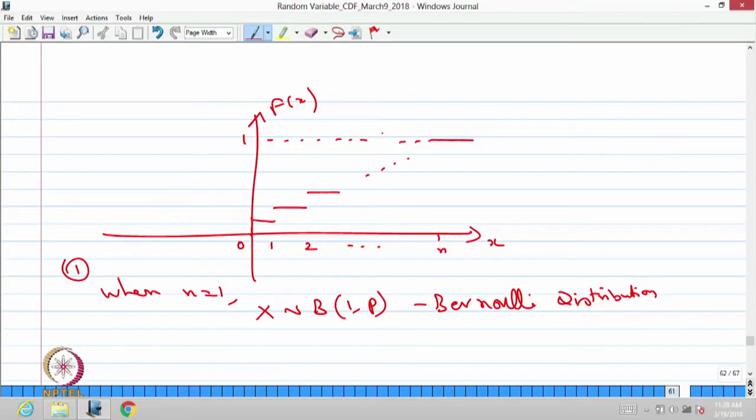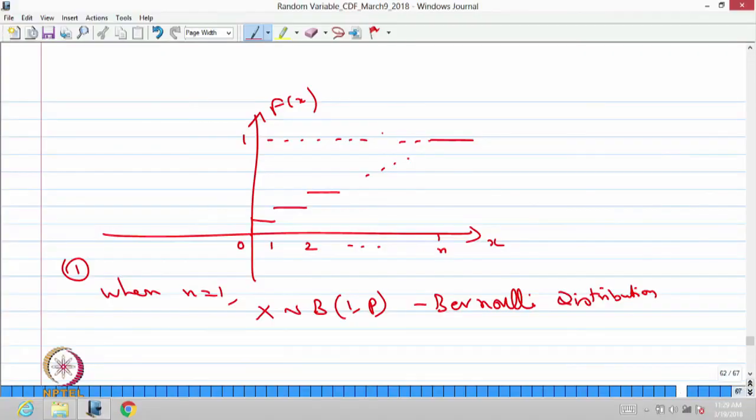The importance of the CDF graph is this: from a finite number of data, if you draw the cumulative distribution graph, and that graph is the same as the CDF of the binomial distribution, then one can conclude the data follows a binomial distribution.